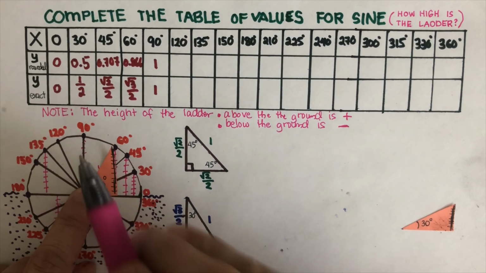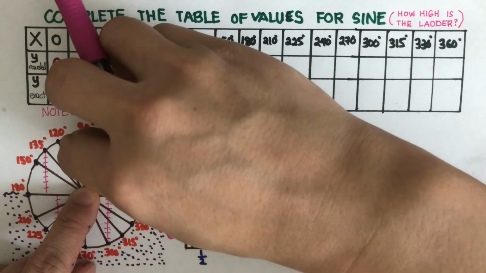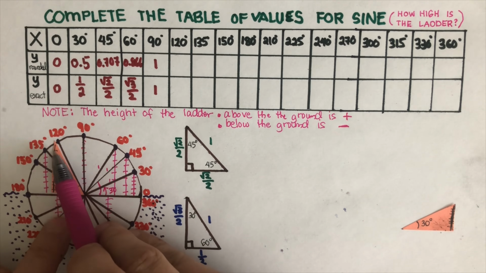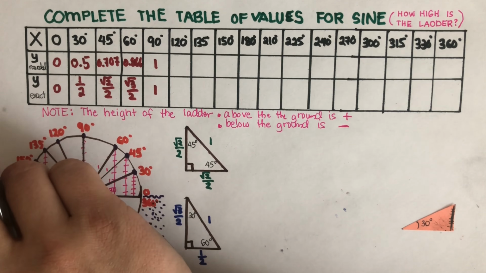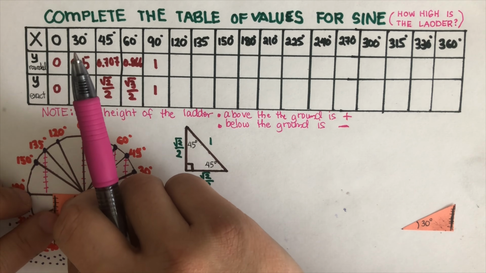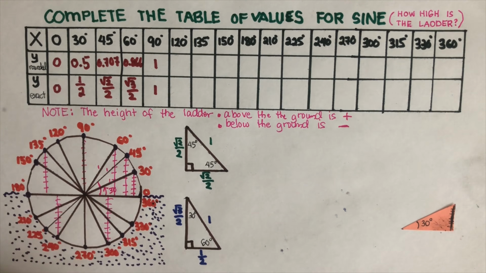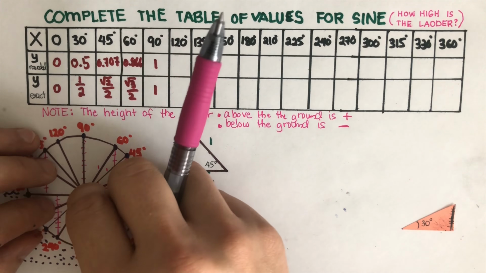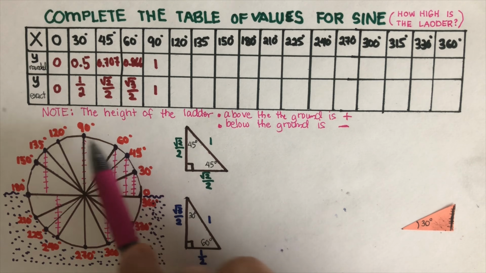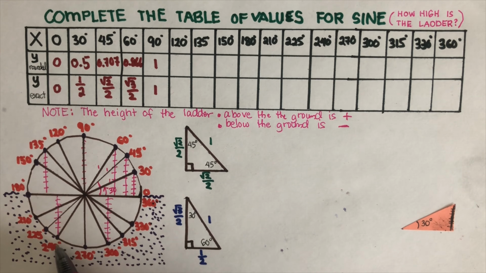The height of the ladder for 60 is actually the same as the height of the ladder for 120. And it's also the same as the height of the ladder for 240, and also for 300. So it's like a repeat. So 60, 120, 240, and 300 will have the same height.